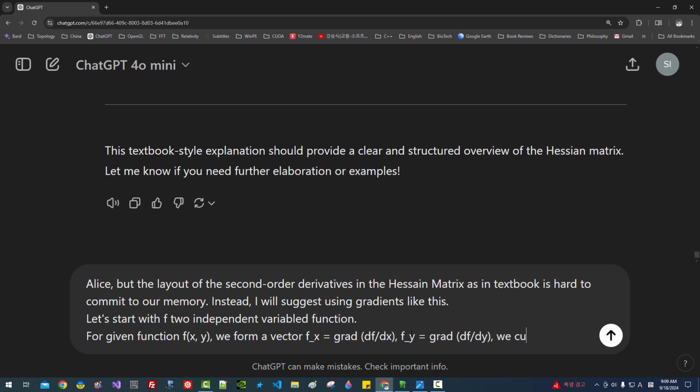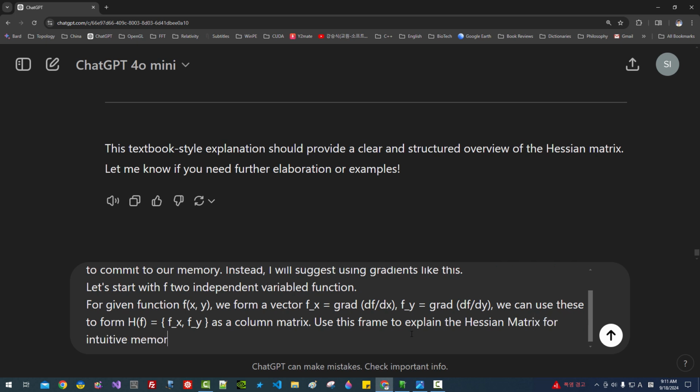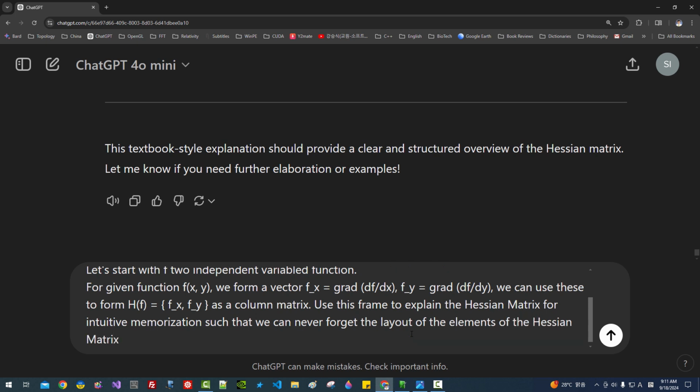We can use these to form the Hessian of f, with fx and fy as a column matrix. Use this frame to explain the Hessian matrix for intuitive memorization, such that we can never forget the layout of the elements of the Hessian matrix.